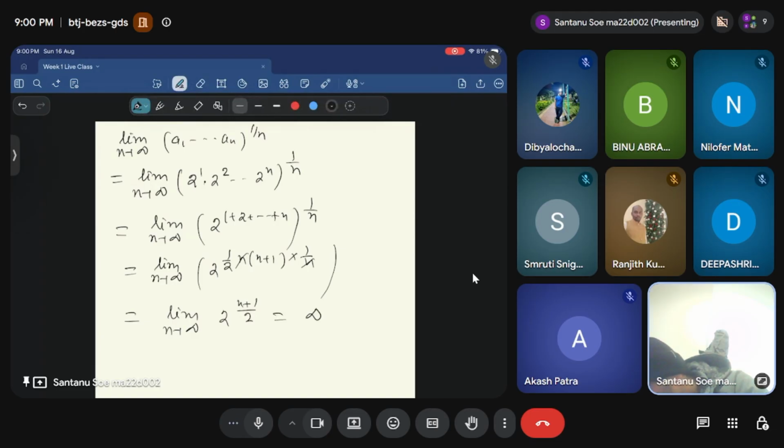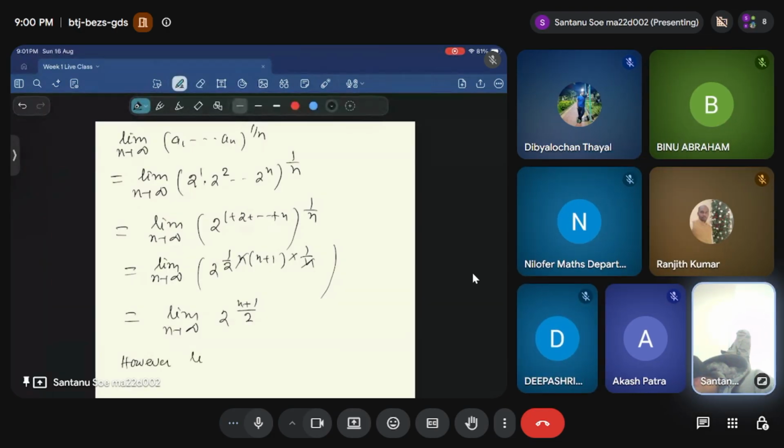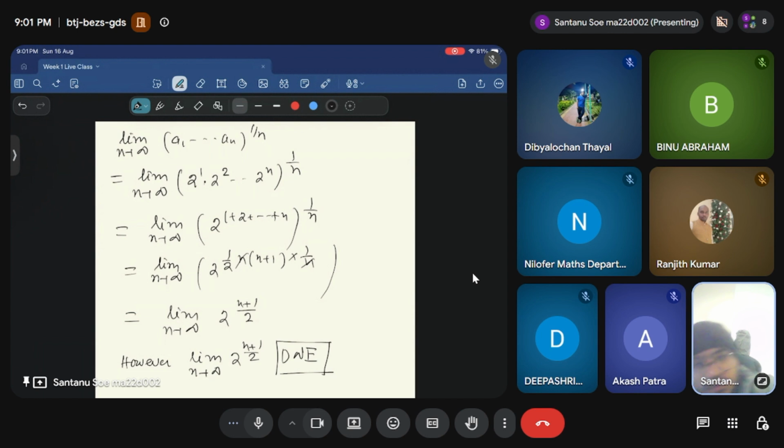And this is infinite, you can say, or the limit does not exist, whatever you say. Or you can say just the limit does not exist. Correct?